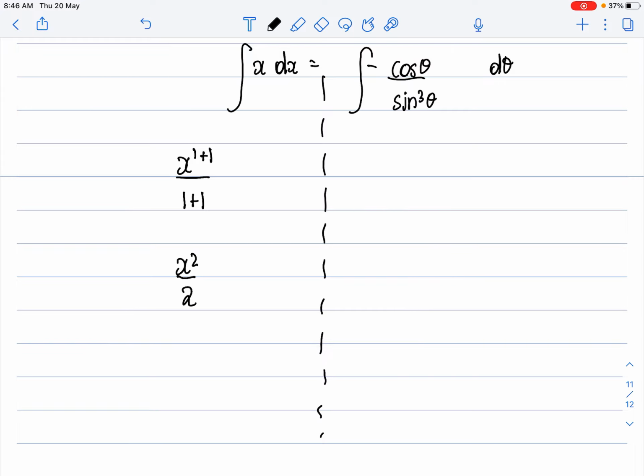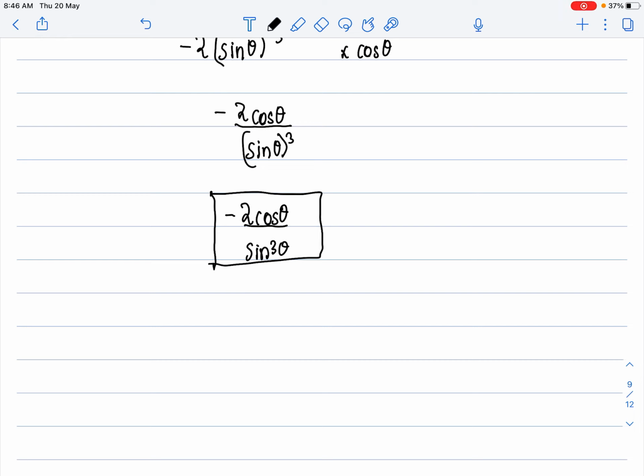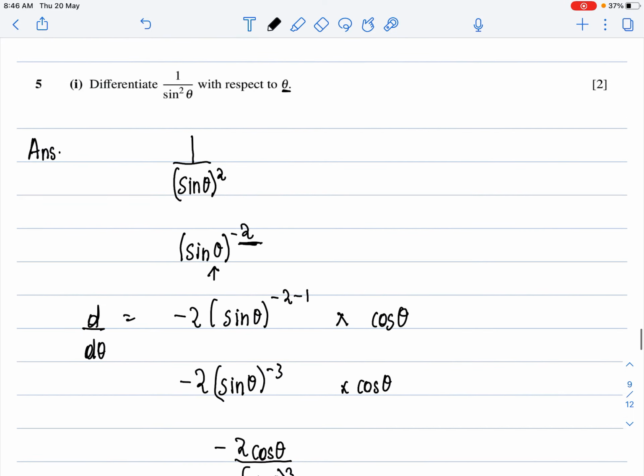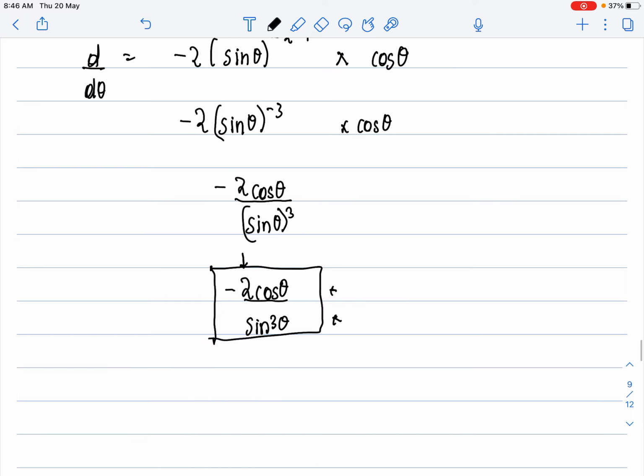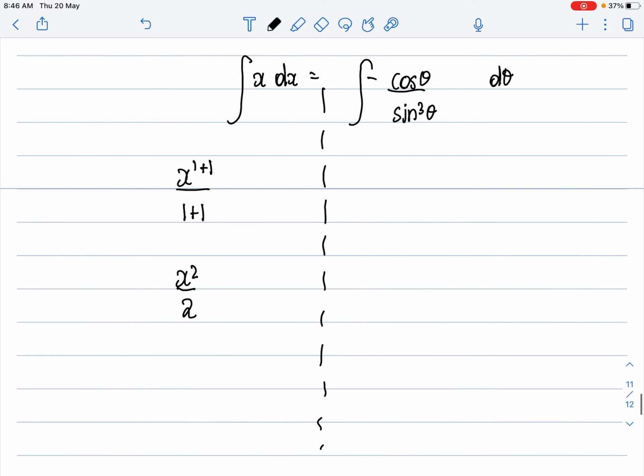Now, if you go to part A, we had cos theta over sine cube theta, but there was a 2. Here you need to know that differentiation and integration work in reverse ways.